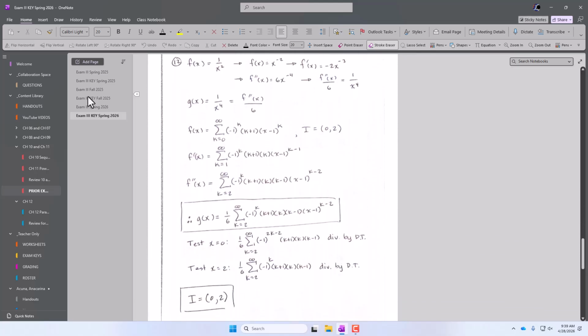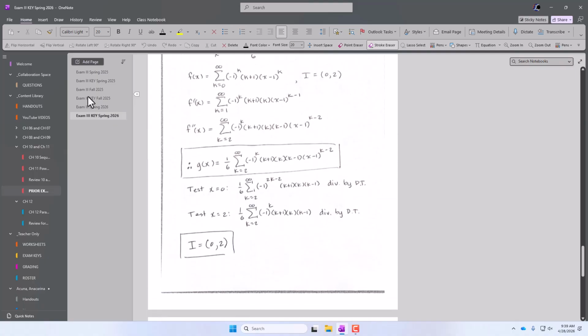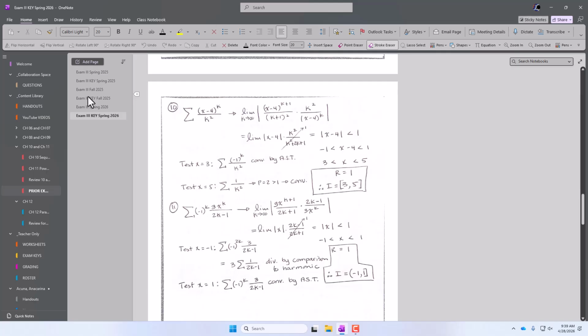Another interesting algebraic mistake I saw was on the one where we're centered at 4. I think it was problem 10 or 11. When you take the absolute value of x minus 4 raised to the k power, again, not an insignificant number of you wrote this as the absolute value of x minus 4, to the k.